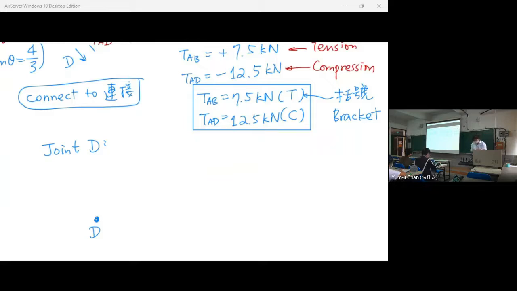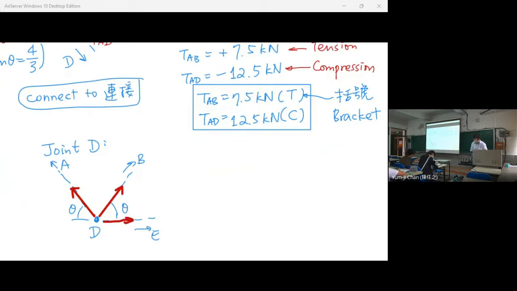We have AD, and we have DB, and we have DE. Remember that the arrows you always put going out.